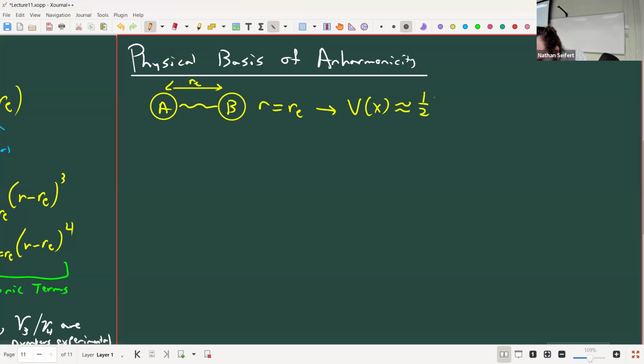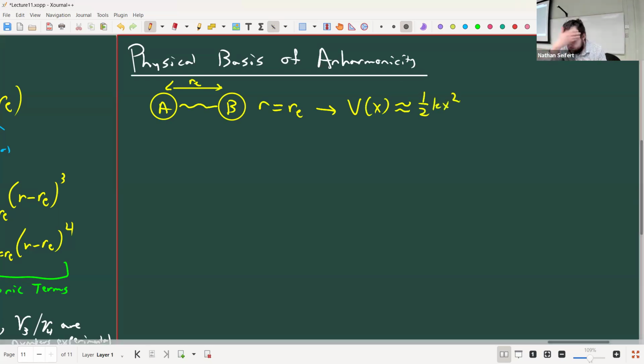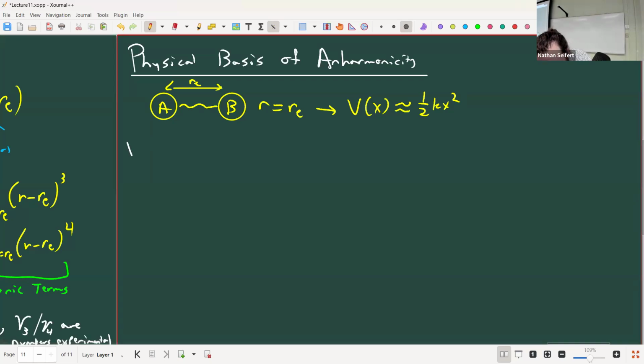Near the minimum, the potential looks like 1/2 kx squared. Now what I want to think about is what should happen to the energy between the atoms as I start to stretch it or push it together. So let's consider what new forces appear or disappear as x changes.